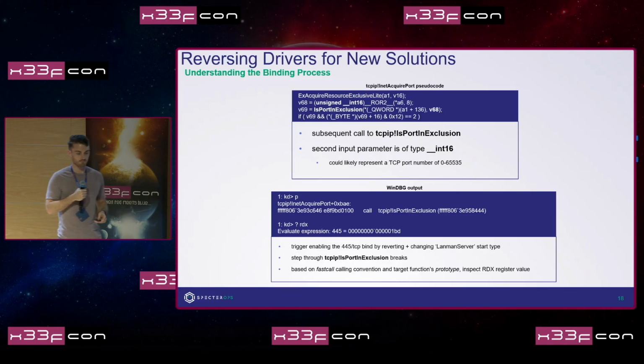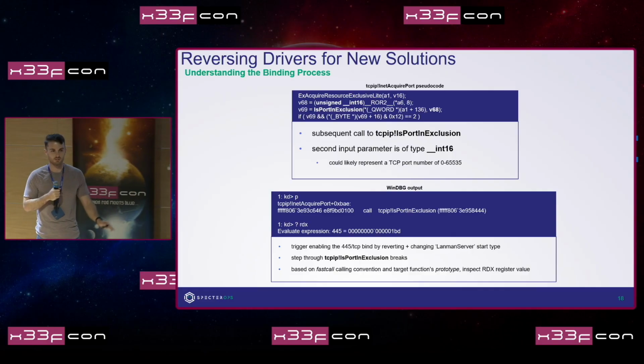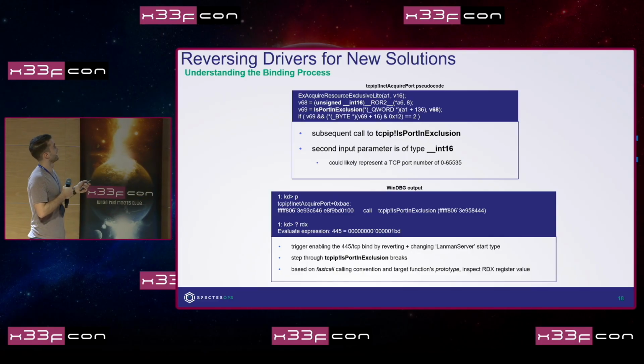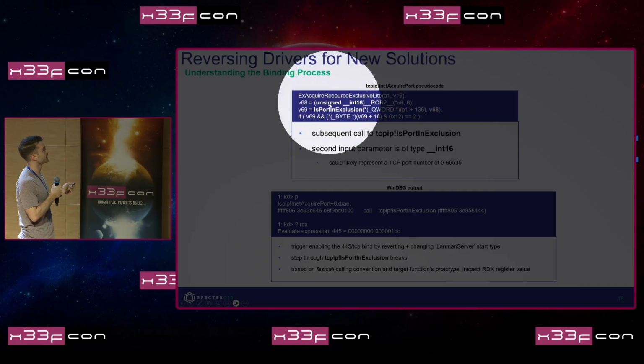So I tried to keep as little code, especially pseudocode from IDA, in these slides. I know nobody wants to just look at decompiled code that looks like nonsense, or maybe that's just me, but just two tiny snippets. This one's from that InetAcquirePort function that I mentioned in the TCP/IP driver.